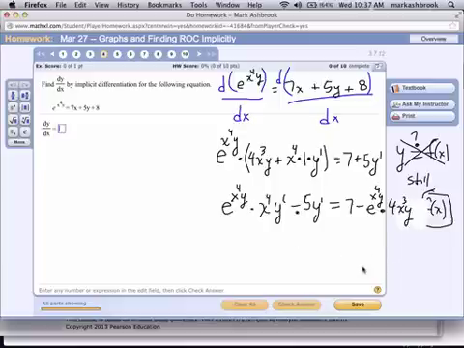Almost there. So our whole point was to find the rate of change of y with respect to x. So this is the same thing as y prime. So can I do two steps again at once? What I'm going to do is factor out y prime, and then what's left is going to be divided.